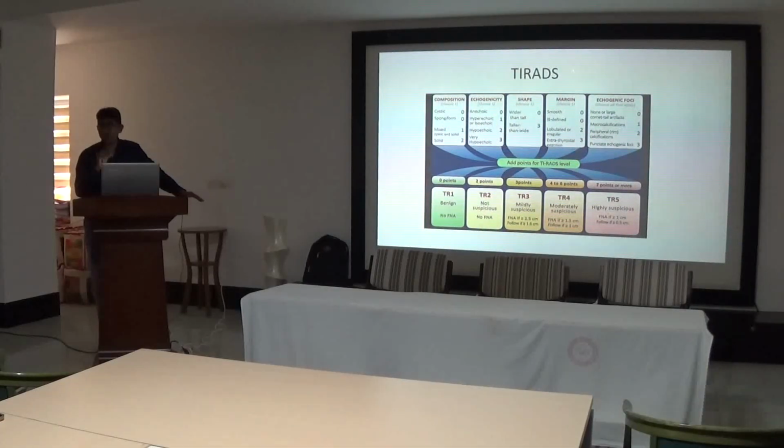Now basically this is a risk stratification classification just to help the clinician decide whether to address this nodule or not. The final judgment and final call is the clinician's call after he gets the sonography report and the FNAC report. So this is how the TIRADS system works.